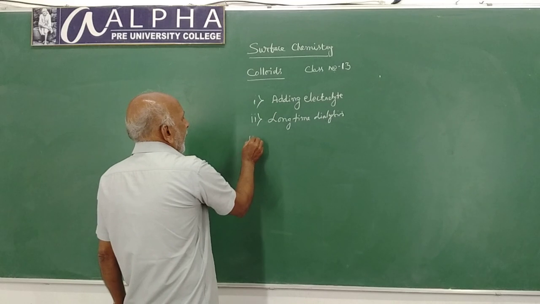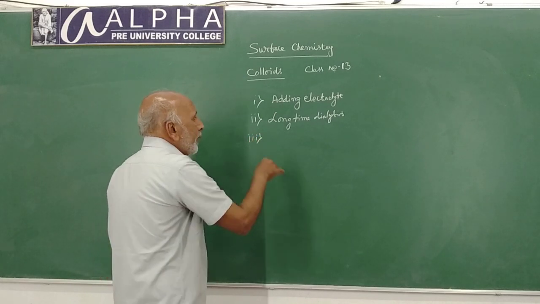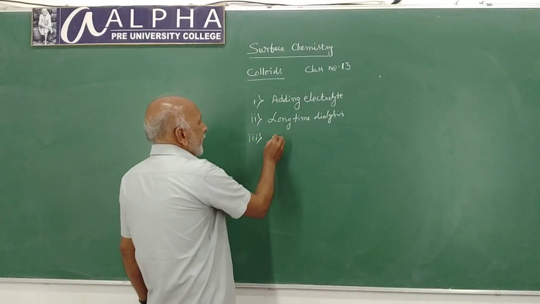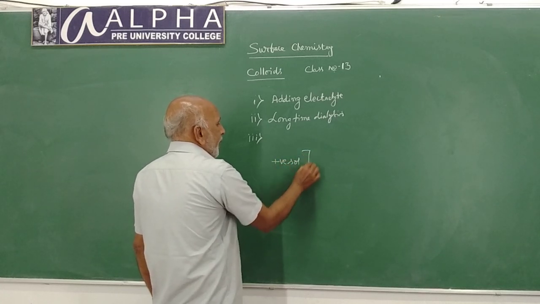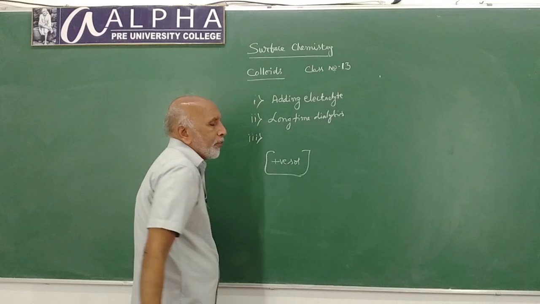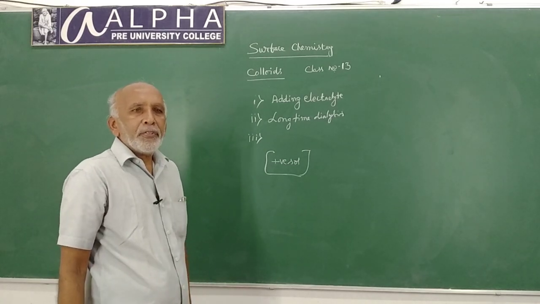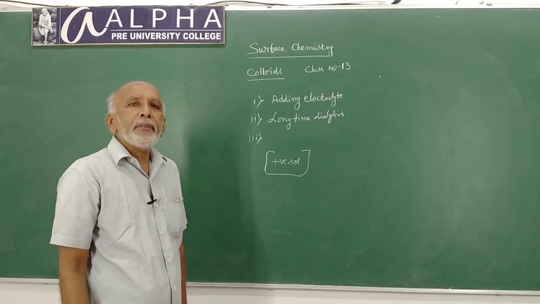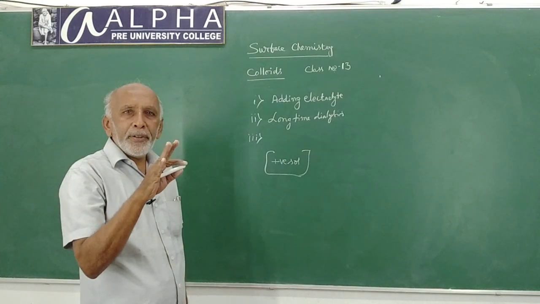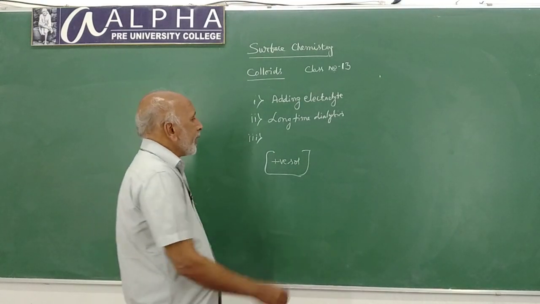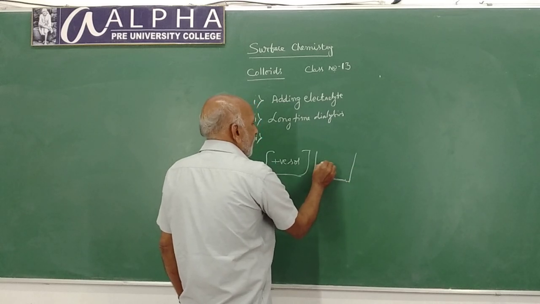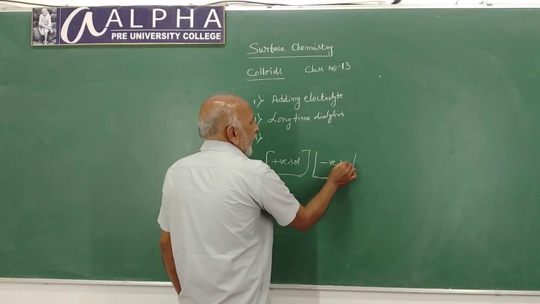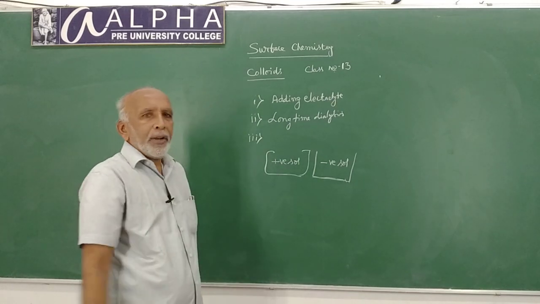Next one is, see, consider a positive sol. A positive sol is one in which all particles are carrying positive charge. Consider another sol carrying negative charge, that is a negative sol.